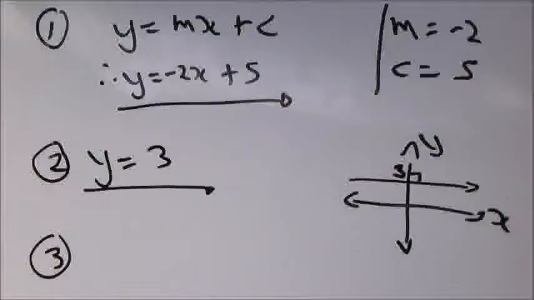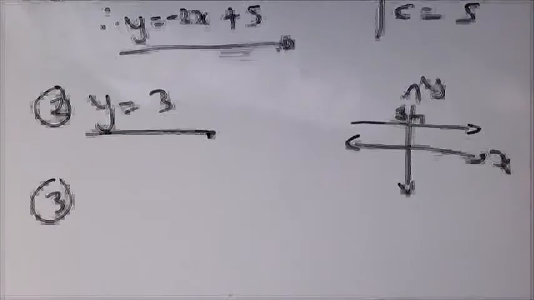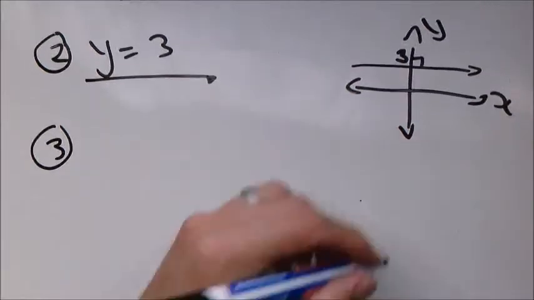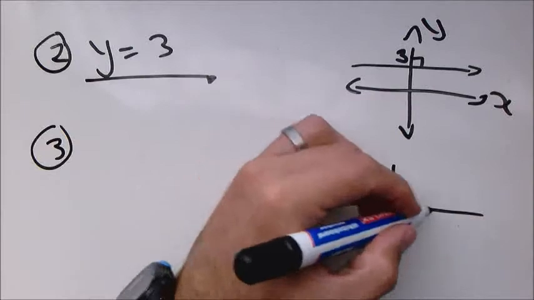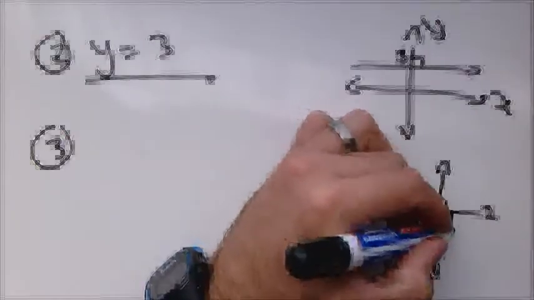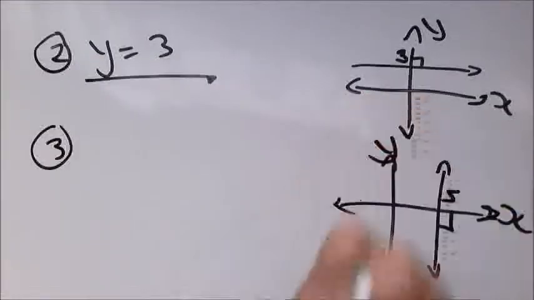Okay, the next one is, let's say they tell us the y-intercept is 5 and it's parallel to the y-axis. So we are looking at a graph that looks like that.